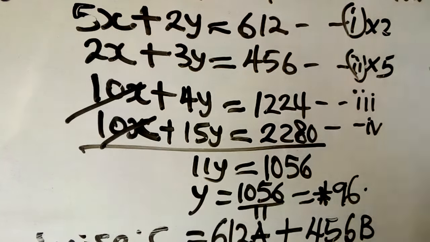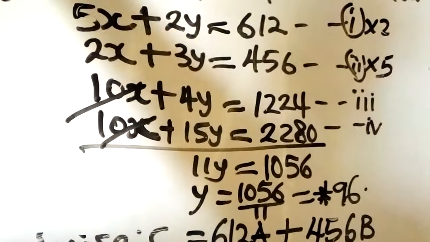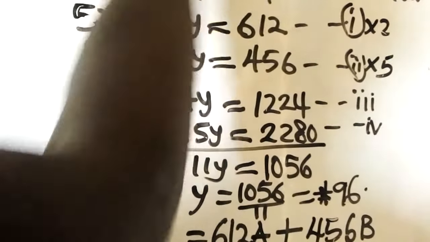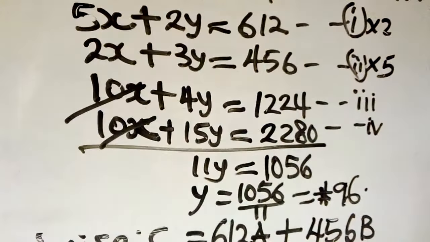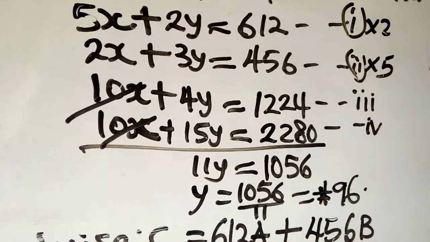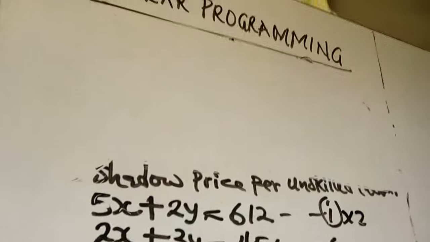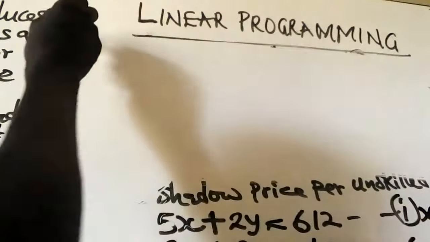Now you want to solve for x. Having determined the value of y, you equally want to solve for x. By substitution, let me use equation 1, which is 5x plus 2y equal to 612.